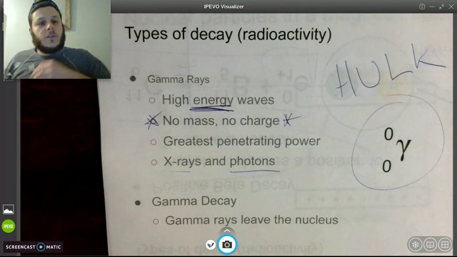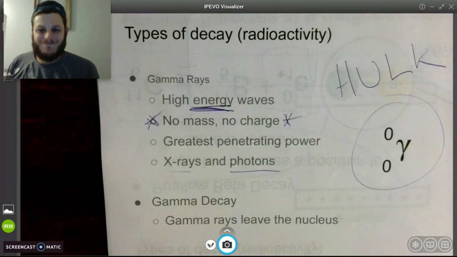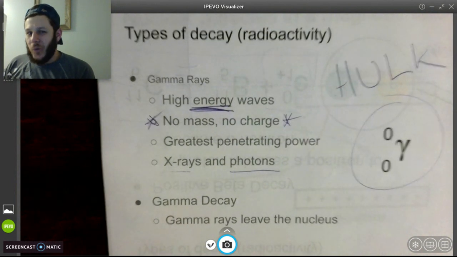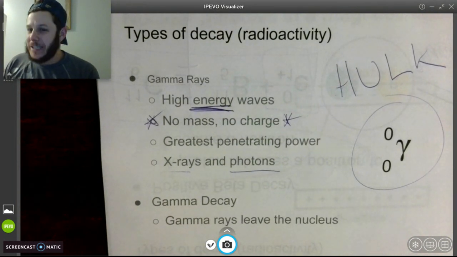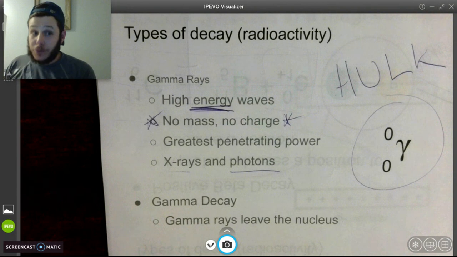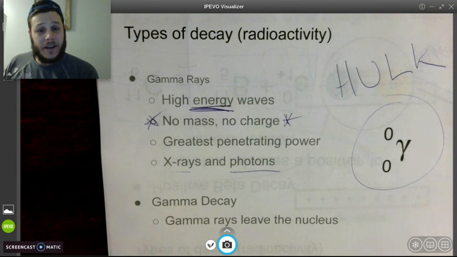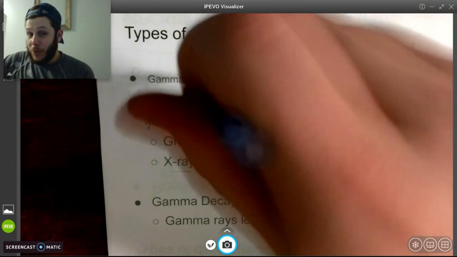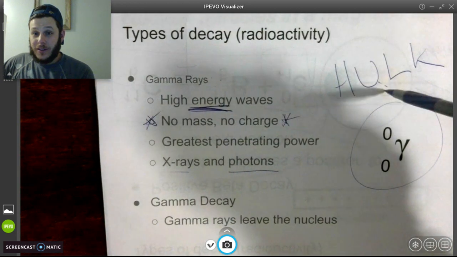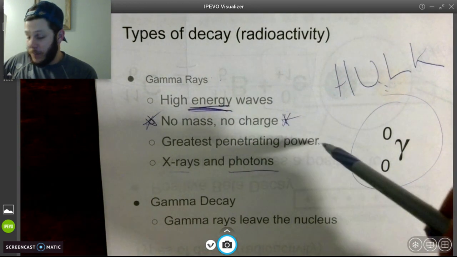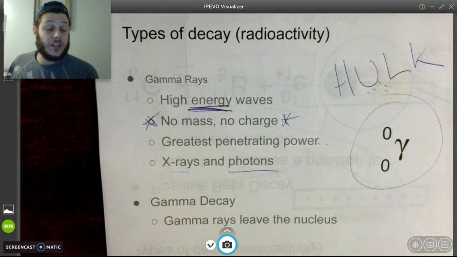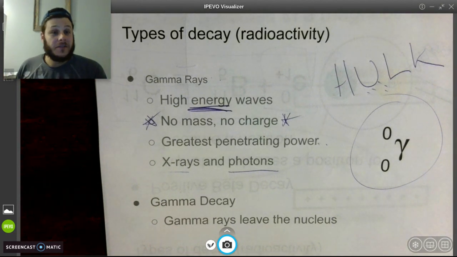The Hulk. Bruce Banner. And what was the Hulk's greatest superpower? His super strength. And gamma rays, which created the Hulk, have the greatest penetrating power. Just like the Hulk can smash through anything.